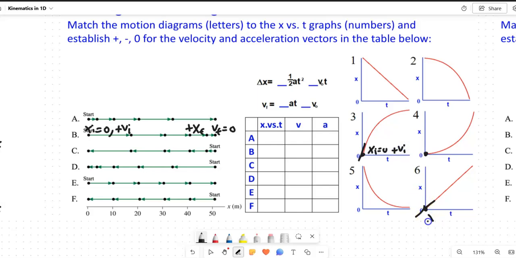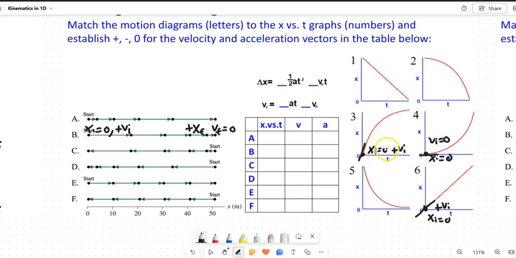This is xi equals 0, and you have a positive initial velocity. Here you have xi equals 0, but the initial velocity looks like it's 0.